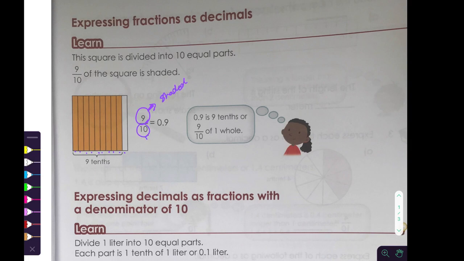This number on the bottom, which we call the denominator. The denominator is all the parts. It's the number of the parts that we divide as a whole, which is 10 equal parts.